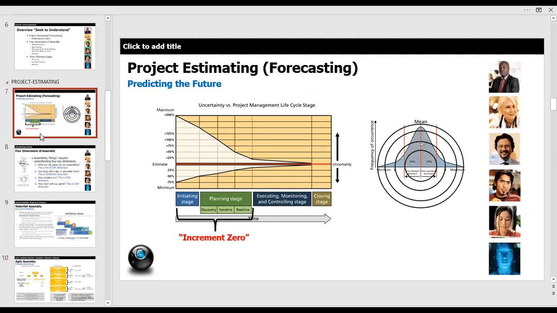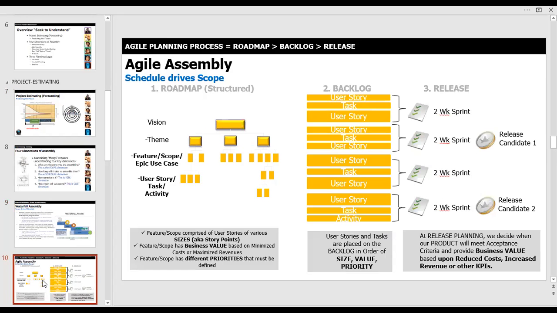Here in bright red, it says increment 0. I want you to remember this because now everything we're going to be talking about is increment 0. So during increment 0, which is kind of an Agile term, you're setting aside maybe a sprint, a 2-week, if your company operates on sprints, and that's the example I'm going to use.